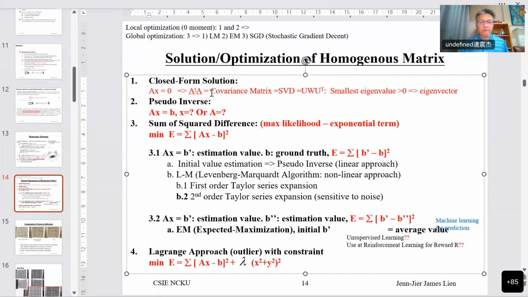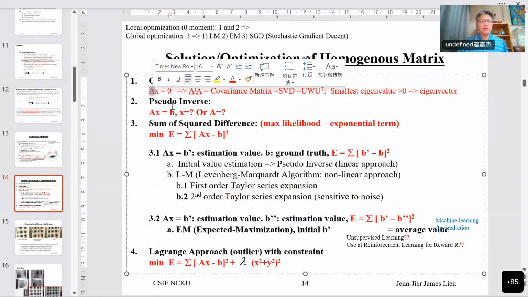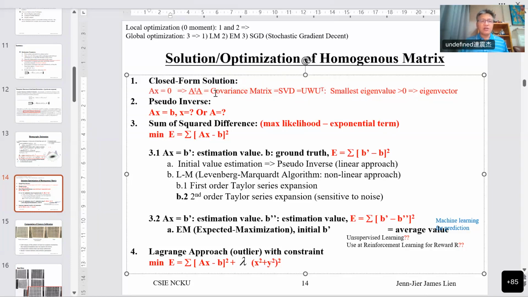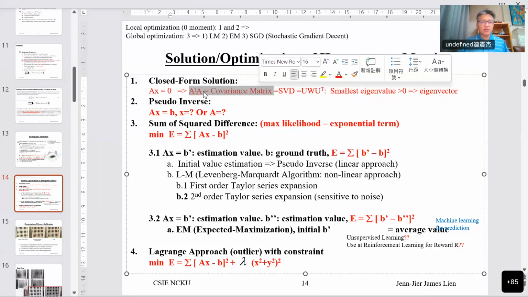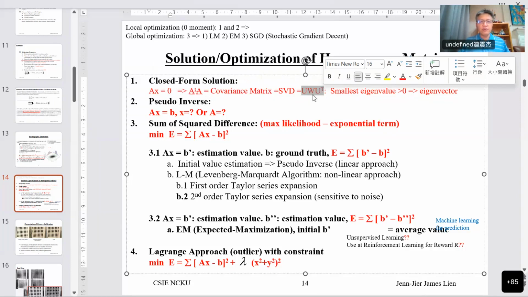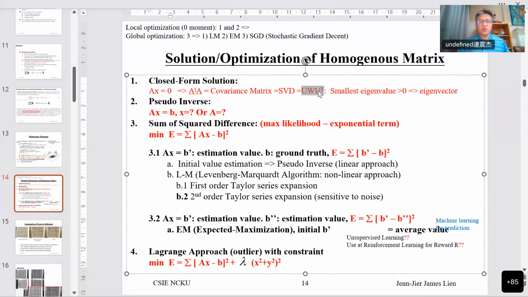When we try to solve A, given the input X, usually we find a covariance matrix first, and then we do SVD to become UWUT, because it's symmetric.